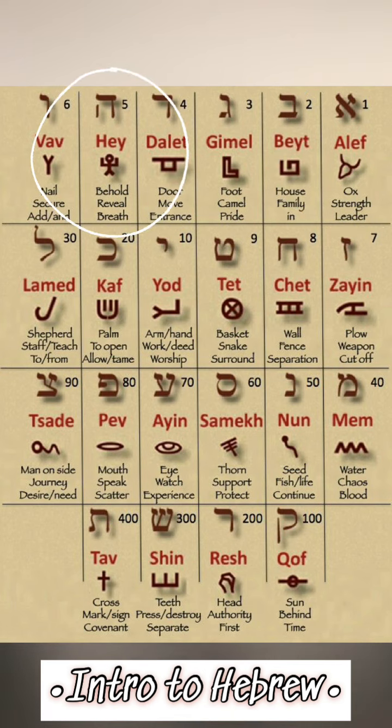Then here we have a Hey, or an H, which is represented by a man with his arms raised, almost in the shape of an English letter H, which is the fifth letter of the Hebrew alphabet. And then here we have the Ayin, or the letter I in English, and it's represented, not coincidentally, by an eye, an eyeball.